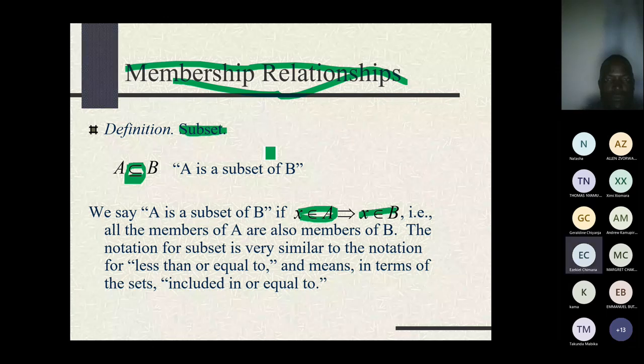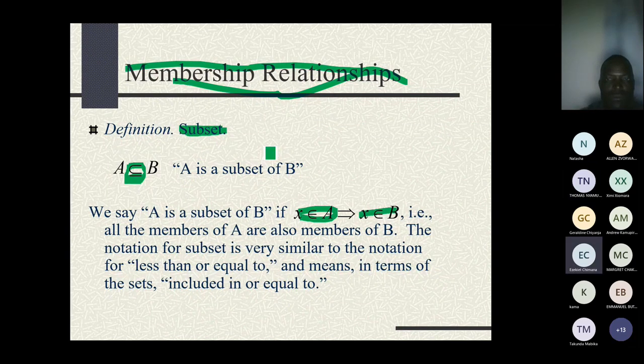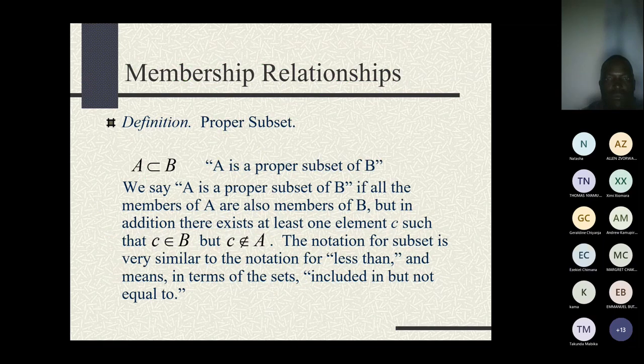So for A to be a subset of B, all the elements in A must also be in B. So all the members of A are also members of B. That's the subset. Let's talk about a proper subset. What would be different from the subset?